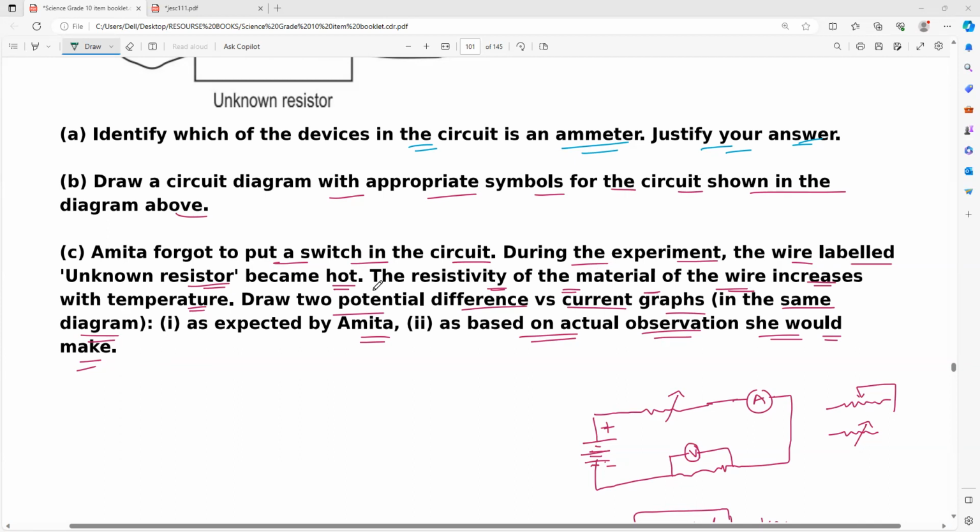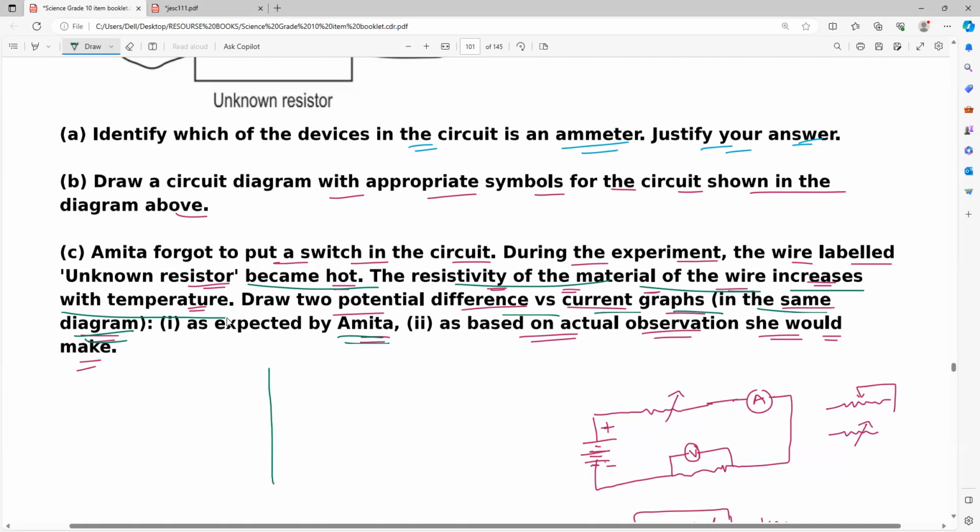So here they are saying, as we know, during the experiment, the wire labeled unknown resistor becomes hot. The resistivity of the material of the wire increases with the temperature. Now draw two potential difference versus current graphs in the same diagram as expected by Amita.